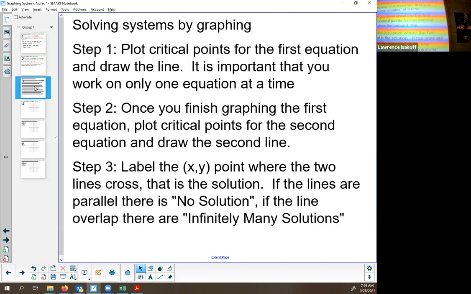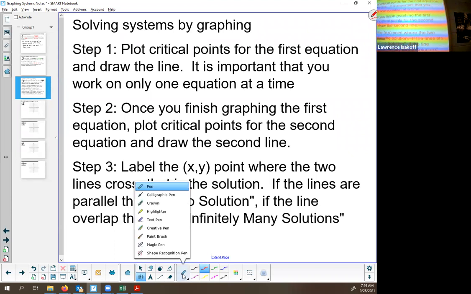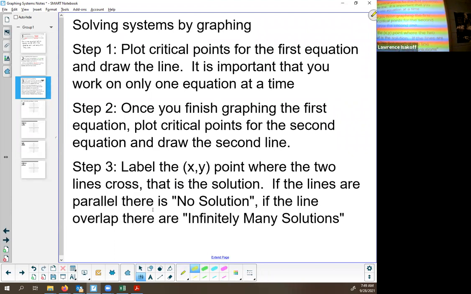So now, here is a 3-step process. Let me highlight the beginning of each step just to help delineate where they all are. The first step says to plot the critical points for the first equation and draw the line.